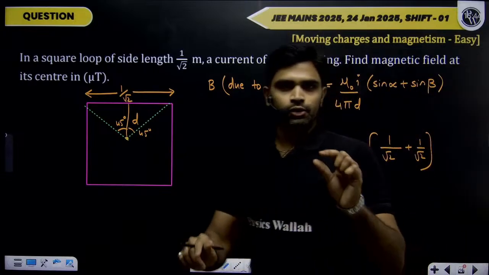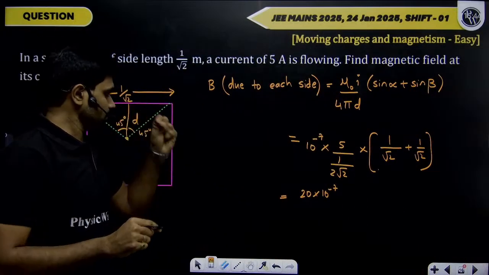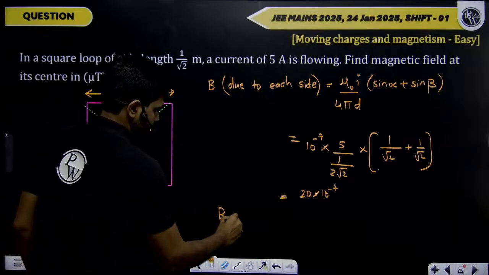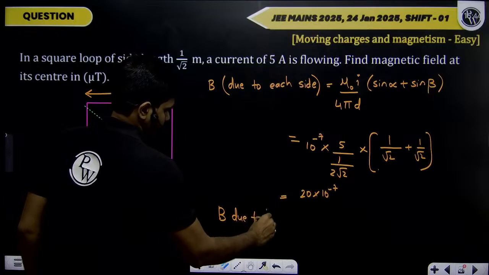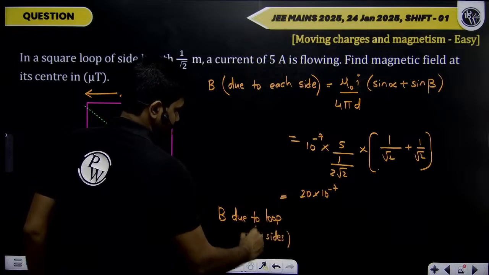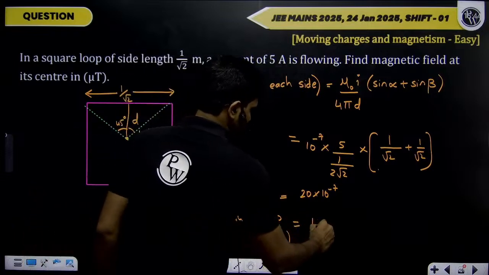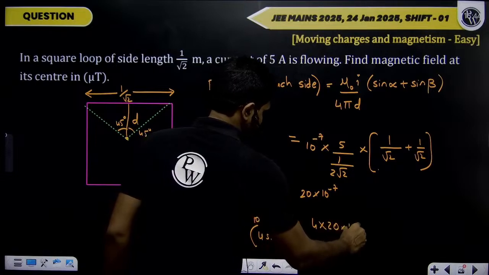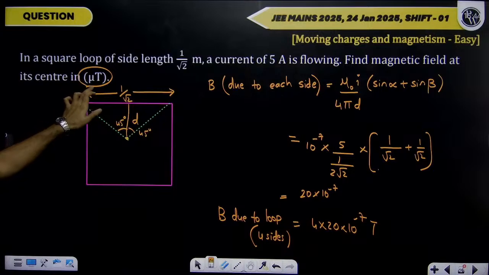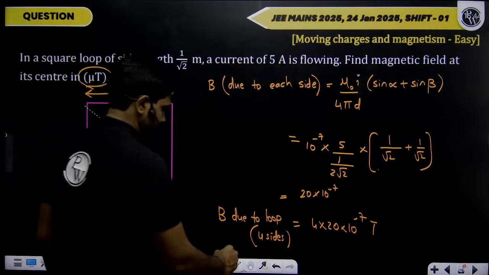But that is only due to one side. If you add due to all of them, 4 sides, it is 4 into that, but they want the answer in micro Tesla.